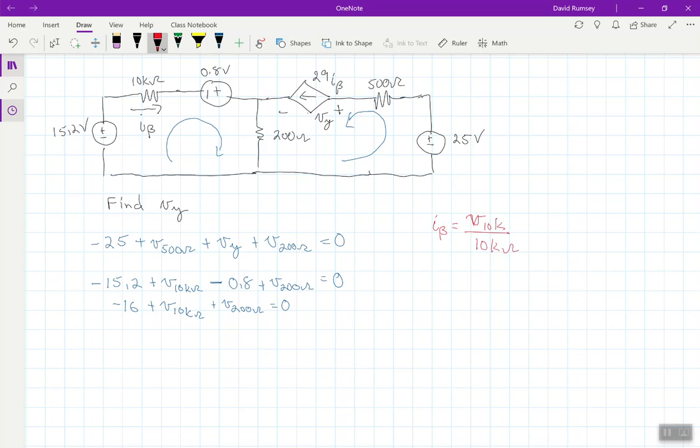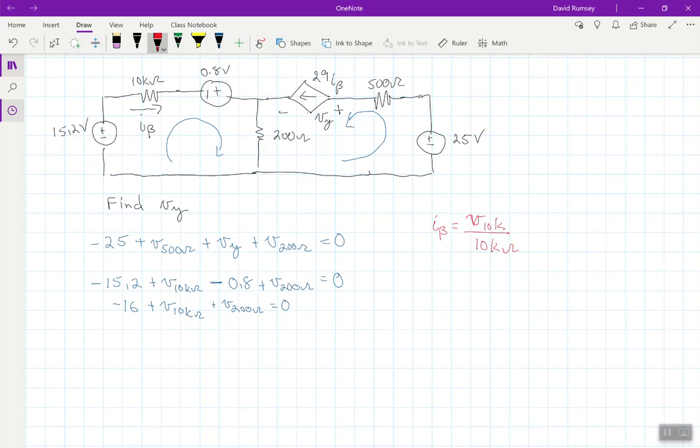That's what I beta is going to be. So if I could figure out what this voltage is, I could figure out this current, which then I could figure out what this current is over here. All right, so let's see if I could maybe figure out what I beta is.